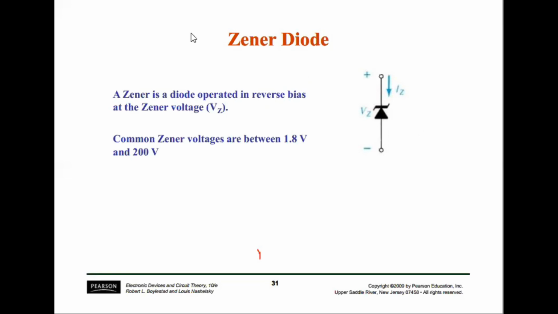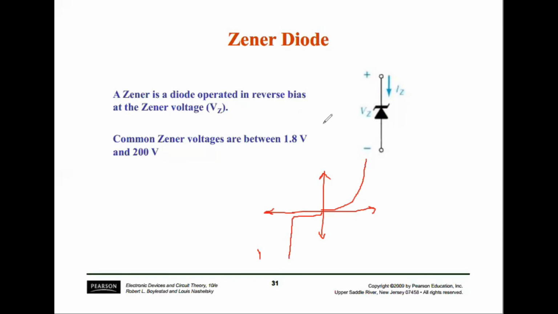We have seen earlier that there are different regions of a diode, just like this one. This is the forward region, and this one is the reverse region. Okay, we have seen Zener voltages, and this is a diode.